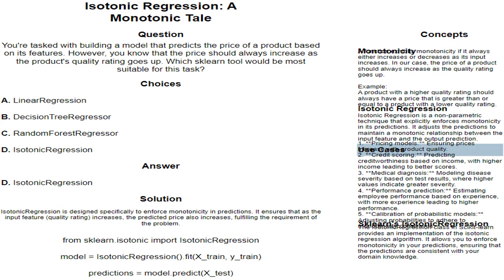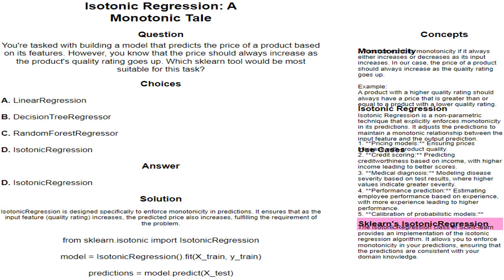The isotonic regression class in scikit-learn provides an implementation of the isotonic regression algorithm. It allows you to enforce monotonicity in your predictions, ensuring that the predictions are consistent with your domain knowledge. Sklearn's isotonic regression. Let's say we have the following data.